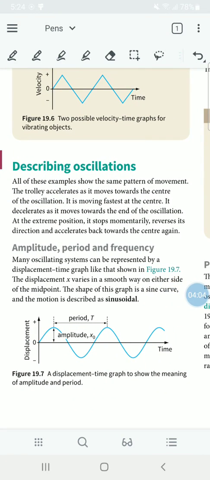Write down the topic, describing oscillations. In an oscillation, a common pattern of movement can be observed. Movement is fastest at the center or the resting position.